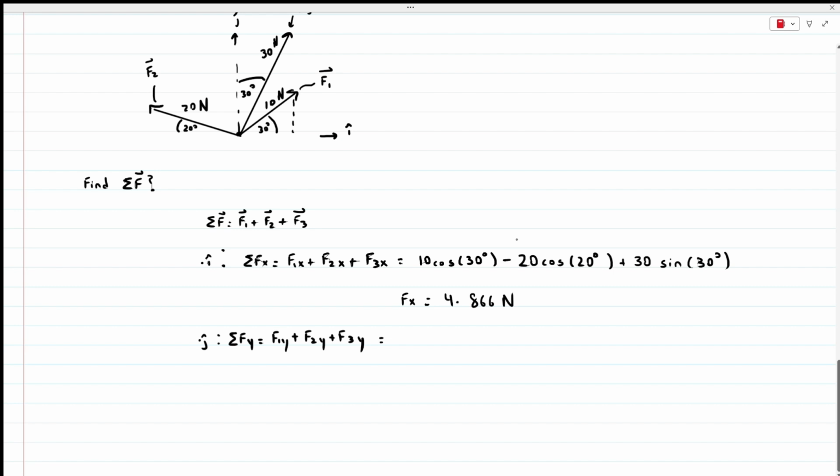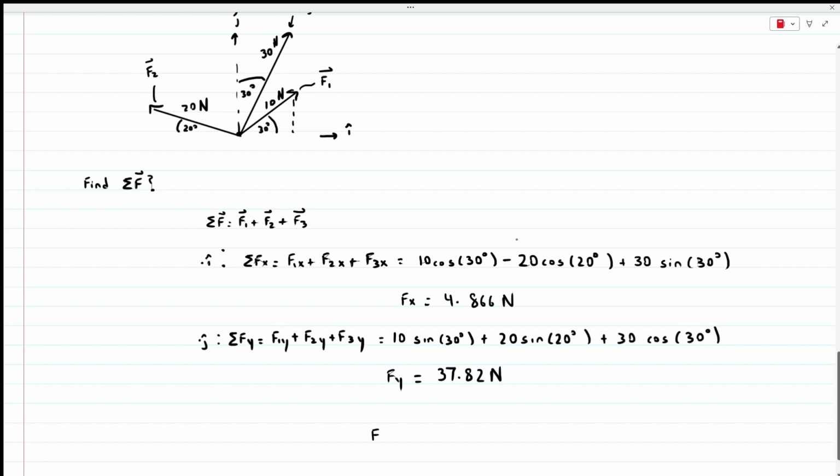That's going to be equal to 10 sine of 30 degrees plus 20 sine of 20 degrees plus 30 cosine of 30 degrees. That total comes out to be 37.82 newtons.